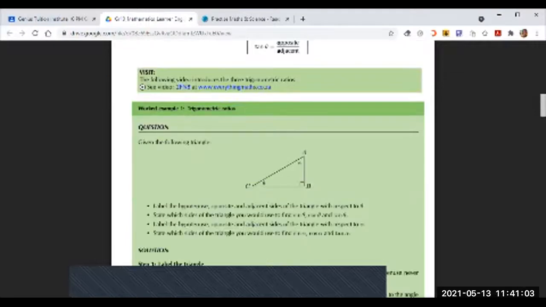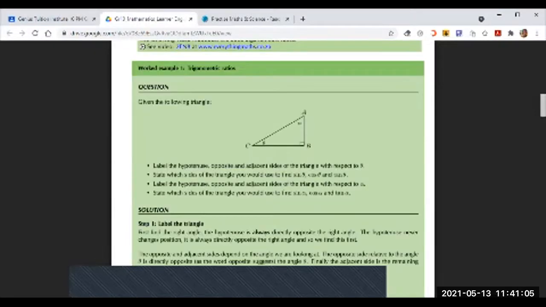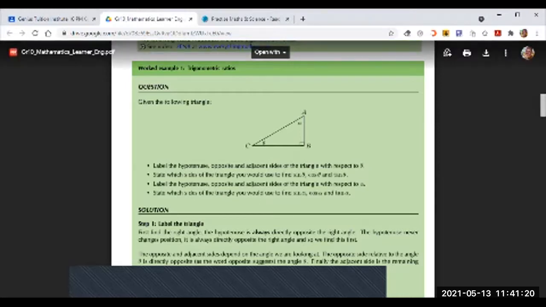So guys, if we are given this, we have theta here, and then alpha here, and then 90 degrees. This is a right angle triangle. Now, let us just make sure that we know where our hypotenuse is.